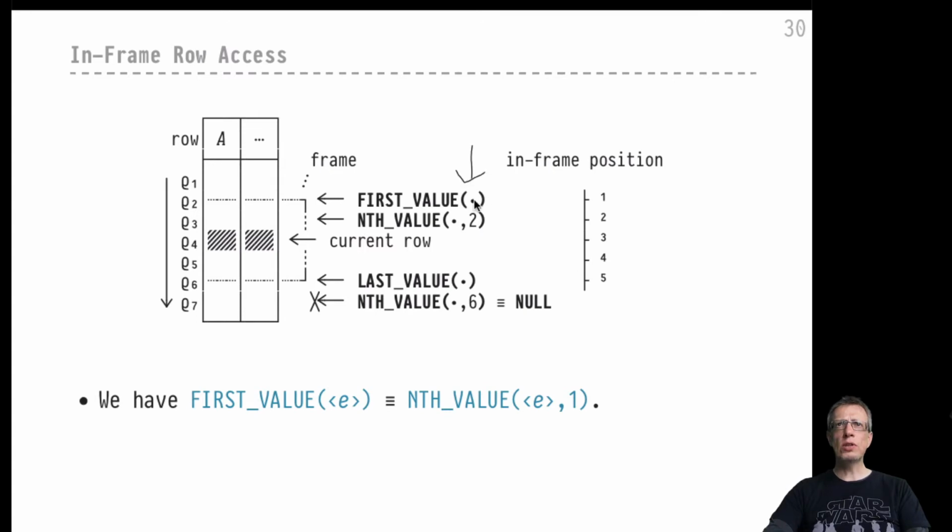We could evaluate an expression as if it would be evaluated for this one particular row, in row 2. With last value, we could evaluate this expression here, as if it were evaluated for row 6.